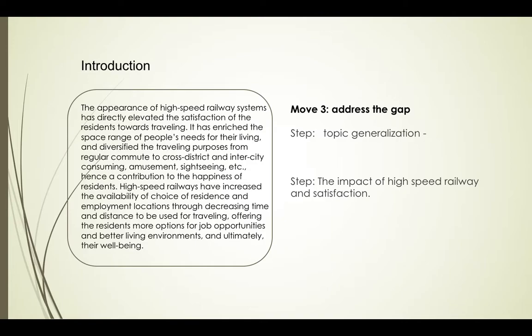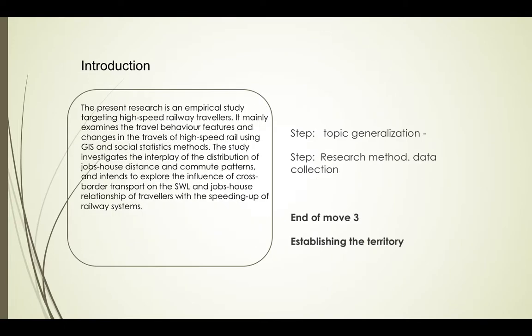Firstly, this is topic generalization and will highlight the impact of high-speed railway and satisfaction. Following that will be a new paragraph to describe my research article's research method, and also mention how to collect the data. So this is the end of Move 3.